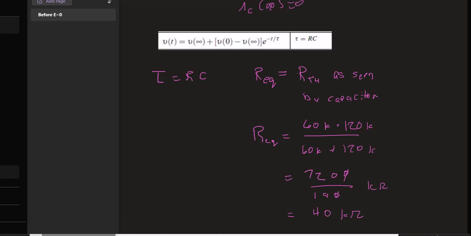Okay, so our equivalent is 40 kiloohms. C was given to be 100 microfarads. So RC is 100 times 10 to the minus 6 times 40. So that is 4 times 10 to the negative 3.